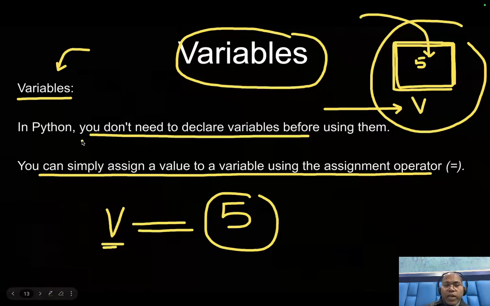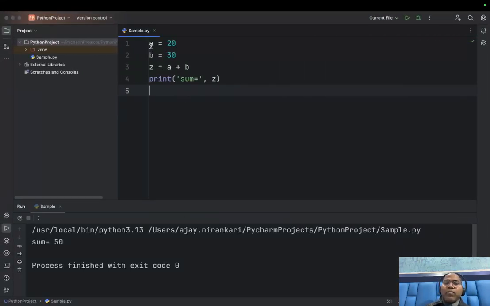Okay, so a variable is nothing but the name of a container or box where you can store some value, right? So here we have a variable a storing value 20. That means this is one container that holds the value.